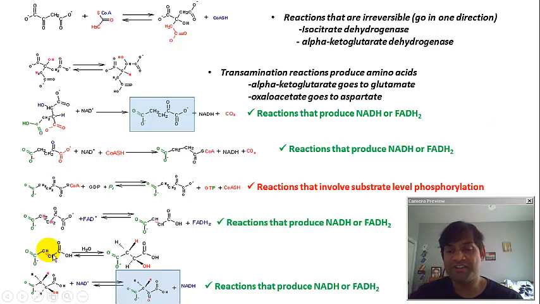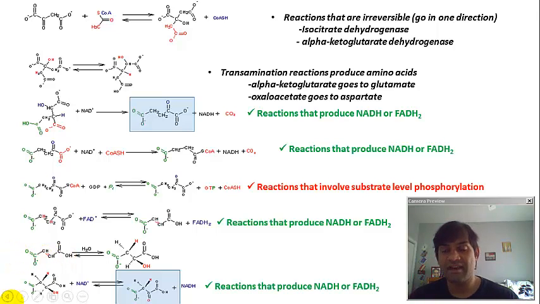Many things can get shunted out, for example, citrate can be shunted out and be used to make cholesterol, a steroid. Here we have fumarate. During metabolism of the amino acid phenylalanine, one of the intermediates formed in that multi-step breakdown is fumarate. And where can that fumarate go? Well, that fumarate can feed in right here at this step of the TCA cycle.